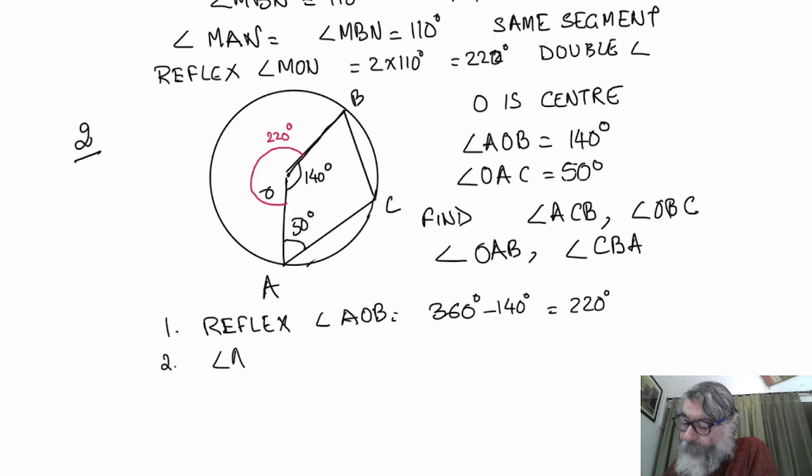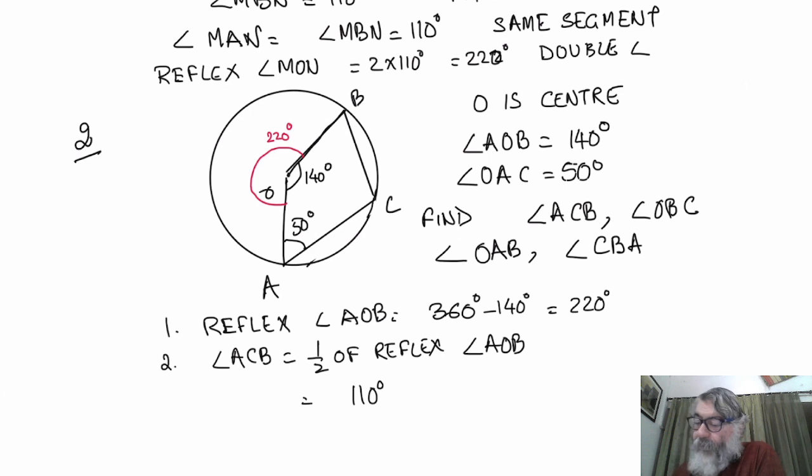Angle ACB will be half of reflex angle AOB, that is 110, because an arc subtends an angle at the center, and the same arc subtends an angle at the circumference.